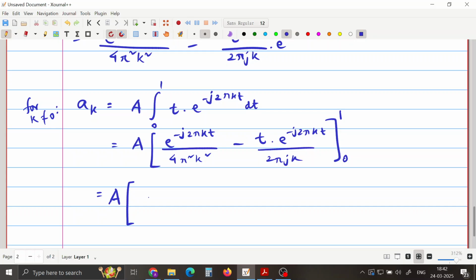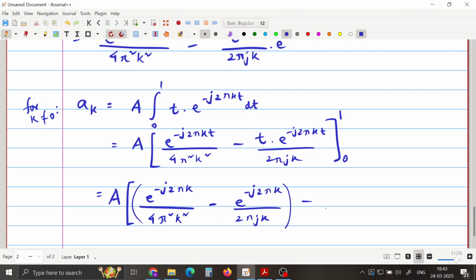The first term becomes e power minus j 2 pi k, t is 1, then we have 4 pi square k square. Then for the second term, again we are putting t equal to 1, so e power minus j 2 pi k divided by 2 pi jk. Fine, so this is my first term, the term which results from the substitution of the upper limit.